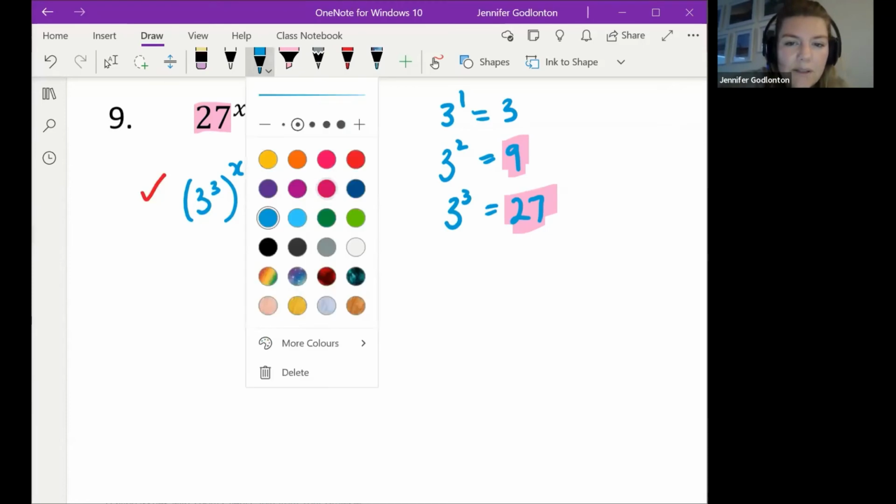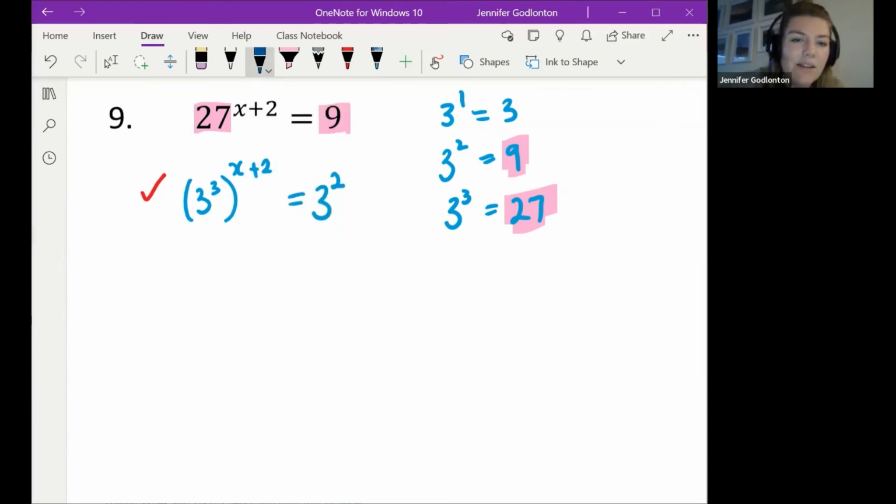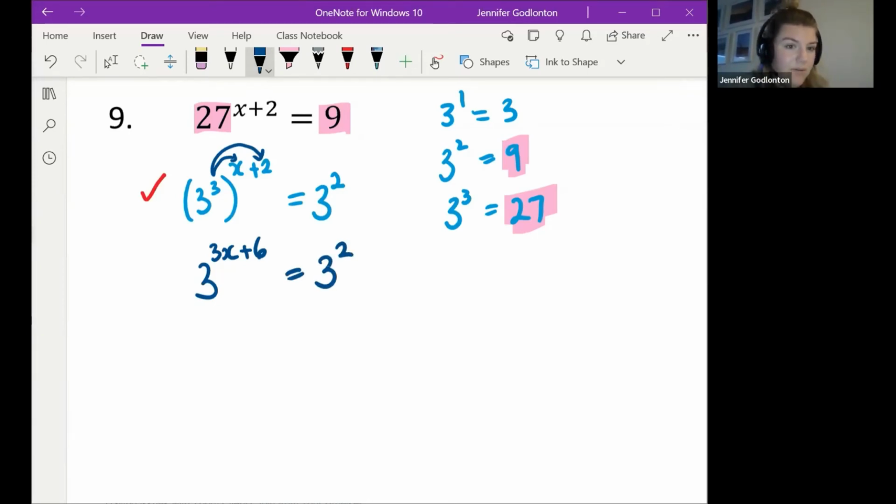From this point, we now need to get this 3 to the power of 3 out of that bracket. By doing that, we're actually going to distribute. We're going to take that 3 and multiply it into both of those. So I'm going to write that as 3 to the power of 3x plus 6, and that's going to be equal to 3 to the power of 2.